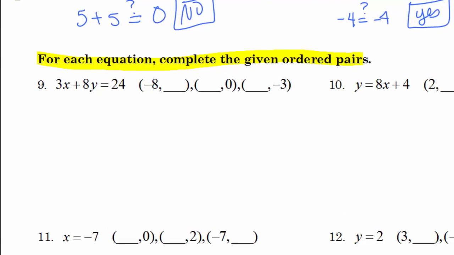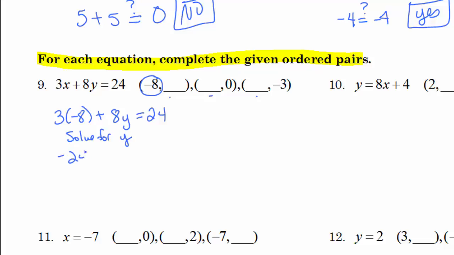So how do we do that? Well, we're given 3 questions. That means you're basically working out 3 problems. So you're going to plug in negative 8 for which letter? X. So we have 3 times negative 8 plus 8y is equal to 24. So now we just need to solve for y. Right?